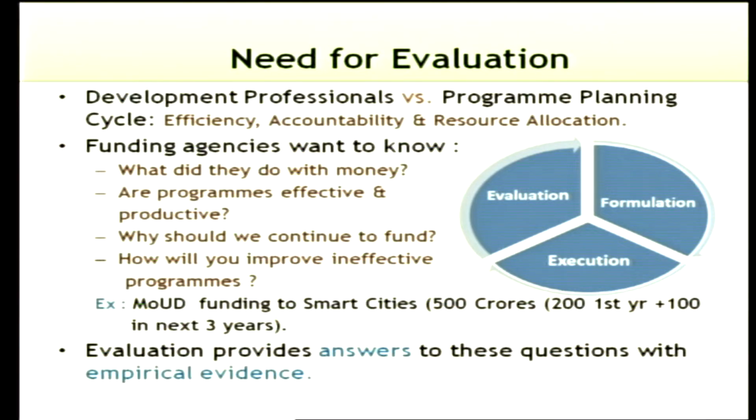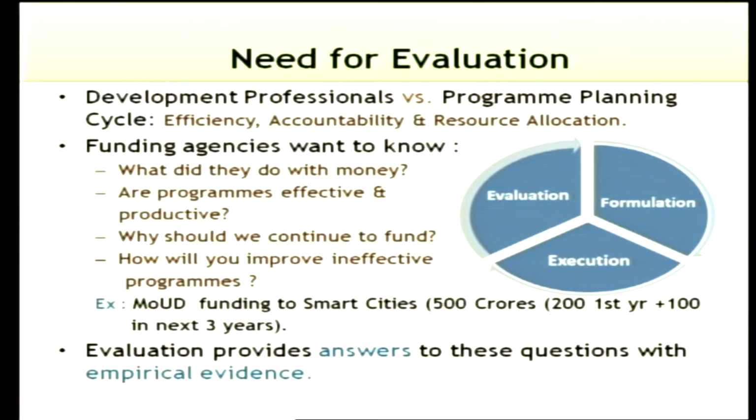Formulation, then implementation, and the third phase is the evaluation. The evaluation is related to the topic we are now discussing. So, as a development professional, you have the responsibility of formulating a development program or a project, in the second stage you will implement it, and in the third stage you will evaluate. Then the point of how to evaluate development programs and projects comes.